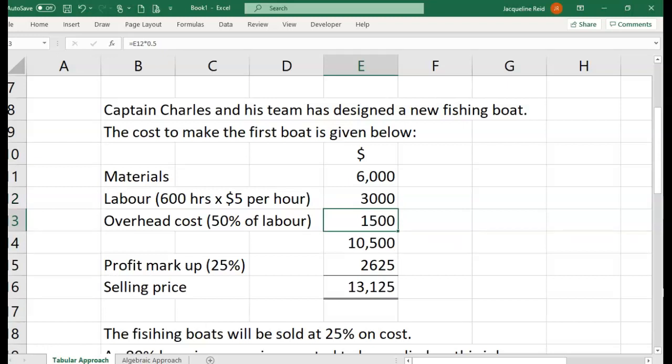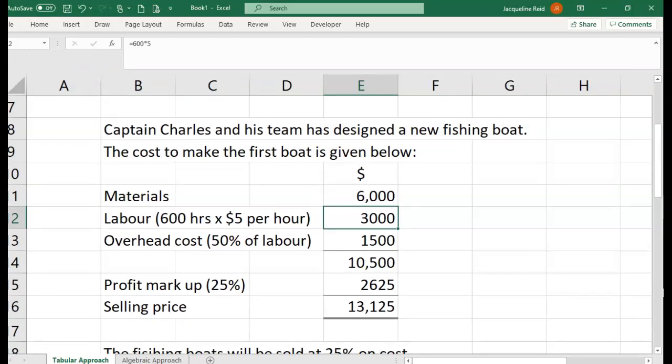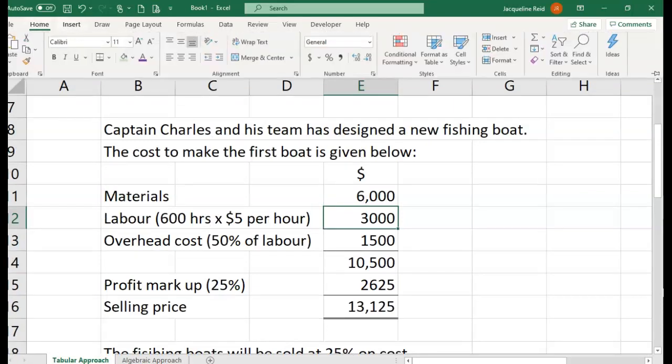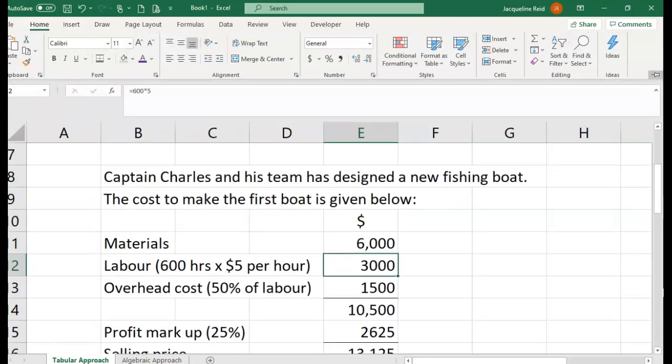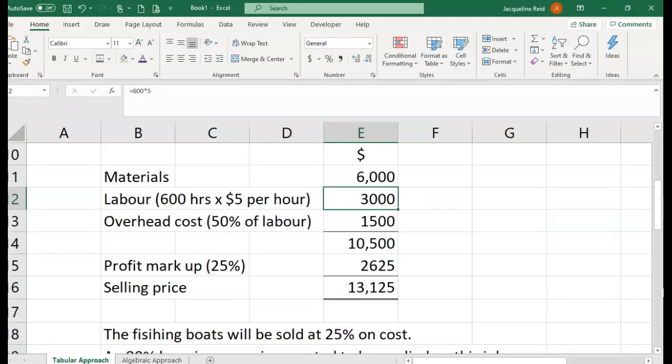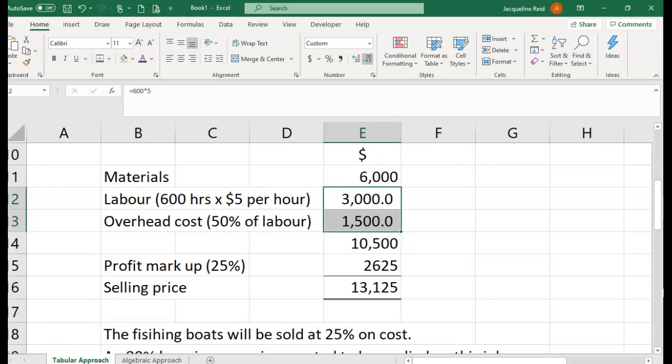So the raw material cost is $6,000 for a boat. The labor for the first boat was $3,000. And the overhead cost is a percentage of the labor. And so in this question, the overhead absorption rate is 50% of the labor. So it means, therefore, that the labor in this instance will create an overhead cost of $1,500.